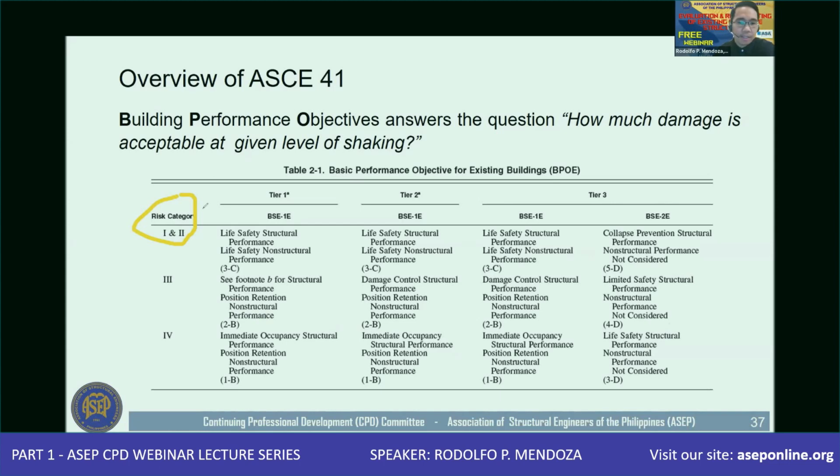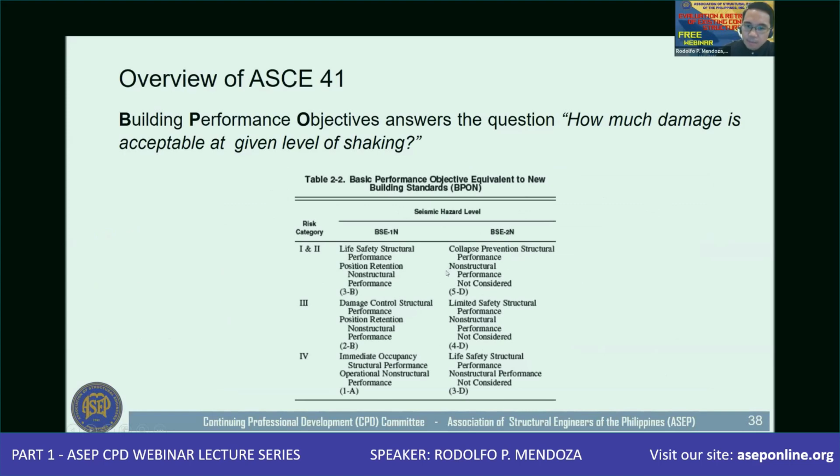And normally, if we are to relate these values here to our occupancy category, category 1 and 2 can be said to be a standard occupancy. Risk category 4 can be considered as an essential facility. So this one here, BPOE, is a performance objective for existing structures. Now this one is the performance objective for new structures.